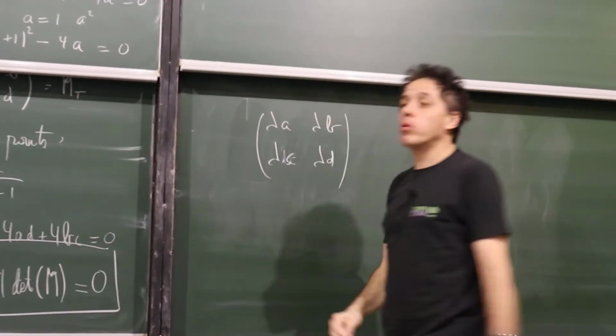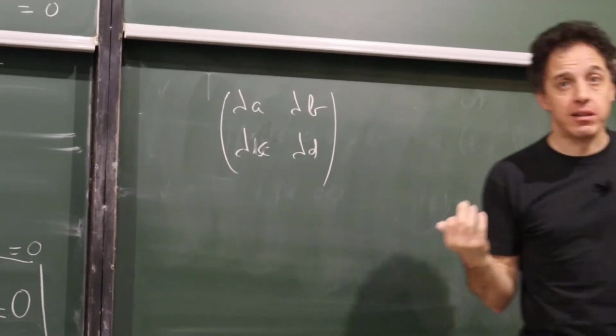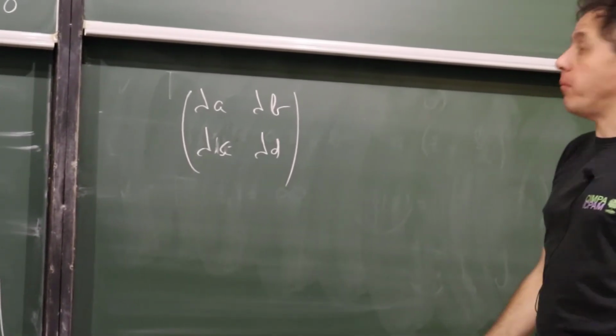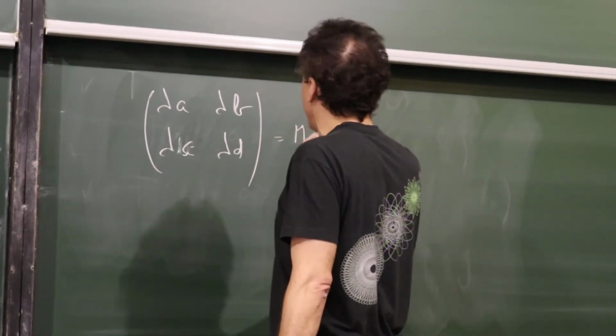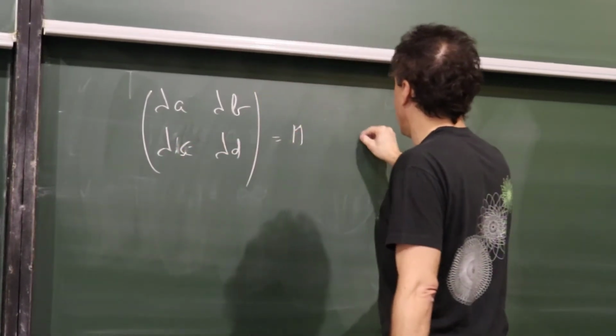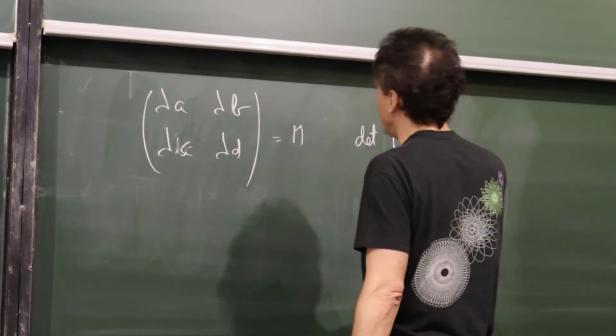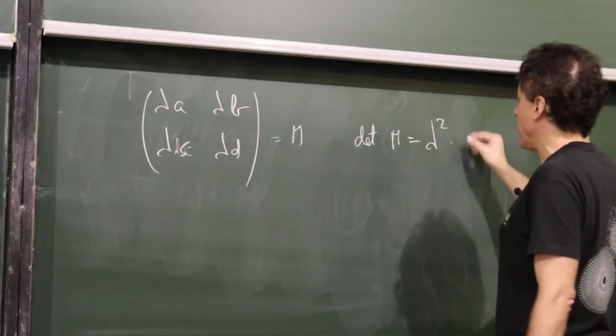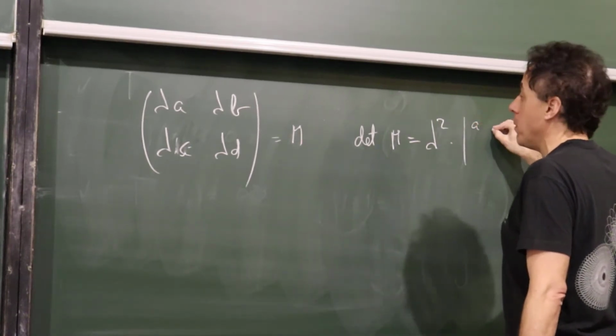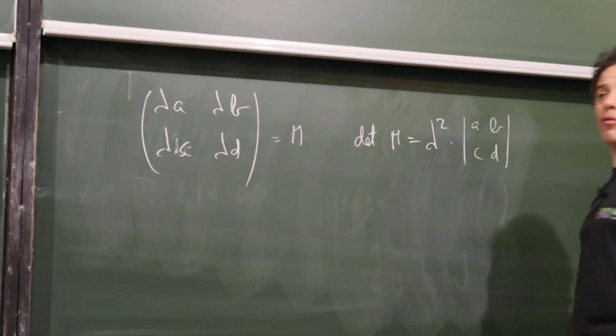Sometimes we use what we call a normalized expression for the Möbius transformation. If you consider this matrix, the determinant of this matrix is lambda squared times the determinant of A, B, C, D, so the determinant of the original matrix.